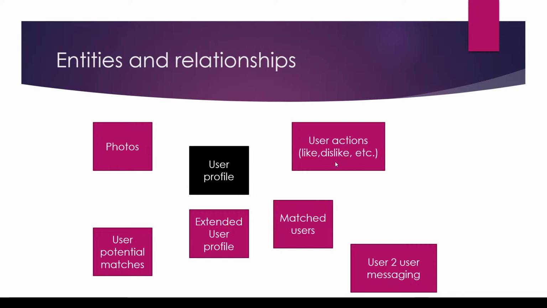If both of them do like, then they would be matched users. For ease of use, I want to pull those out and store those matched users separately. This may not be needed because we could look up the user actions table and see if we have both user one liking two and user two liking one.